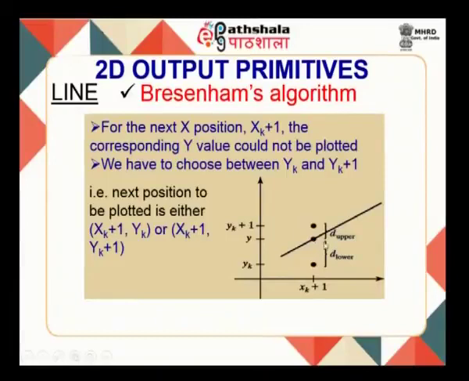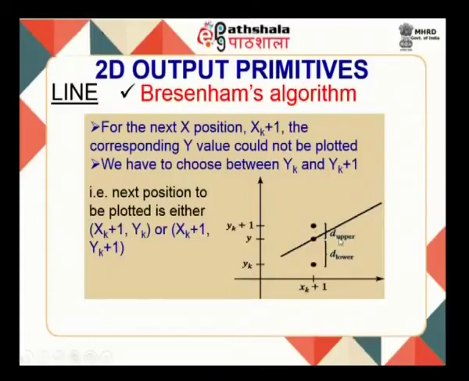For this, we will compute the vertical distance between y and y_k, and the vertical distance between y and y_k plus 1, and see whichever position is closer to the theoretical y value. If y_k plus 1 is closer, we will plot that; or if the theoretical position is close to the lower pixel y_k, then we will plot this.